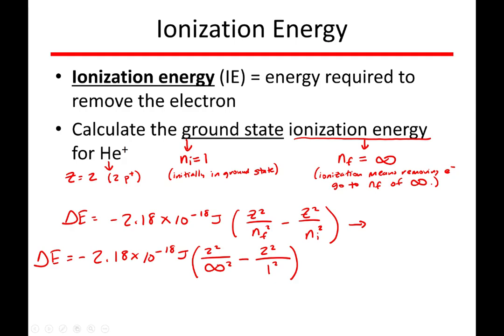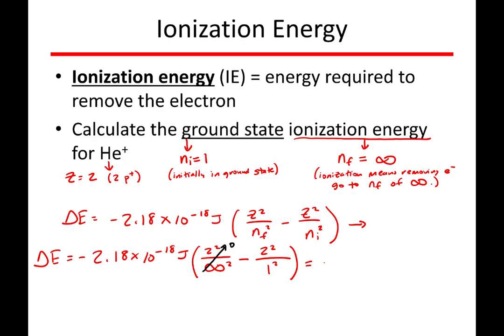Now let's take a look at this equation. When we have 2 squared over infinity squared, when you divide by infinity, what happens to the number? It just goes to 0, right? The bigger you make the denominator, the smaller the value gets. So if you divide by infinity, that's going to make this value infinitesimally small. So that's going to 0. And that will simplify things down somewhat for us.